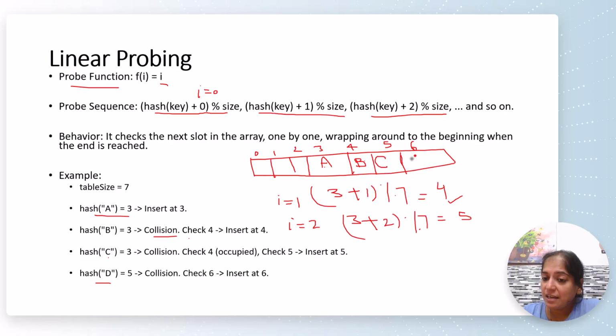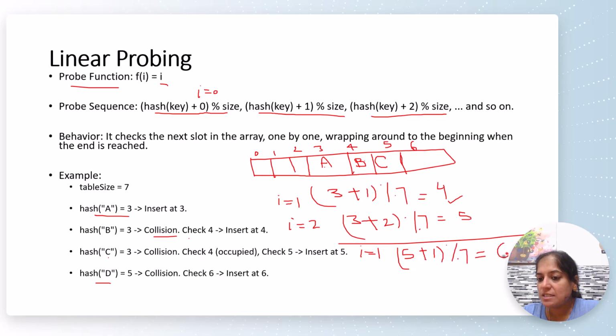So we check the next available index by taking i equals 1. So 5 plus 1 mod 7 gives us 6. So at index 6, the value will be inserted. So linear probing basically checks in sequence for the next vacant slot, and it will put the value in that available slot.